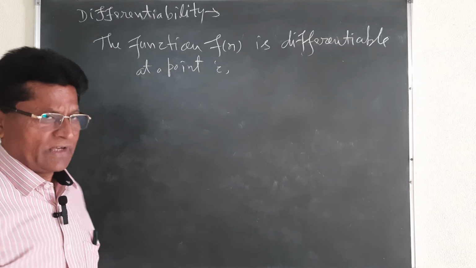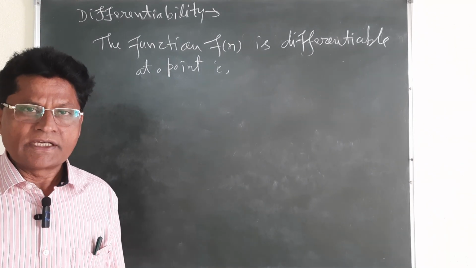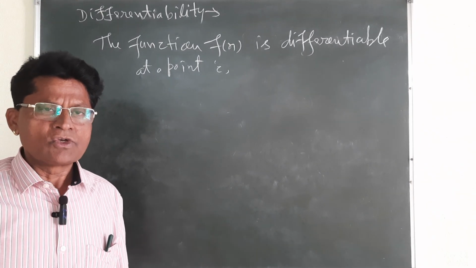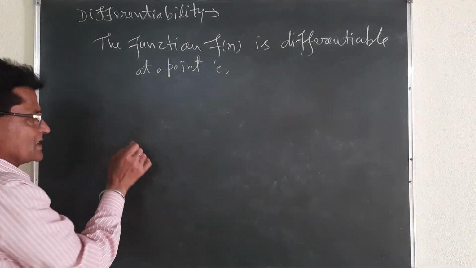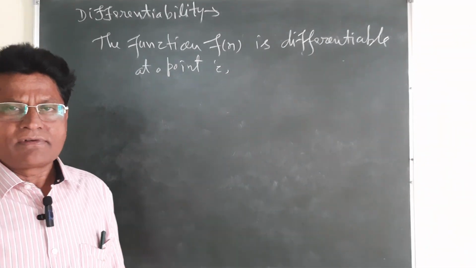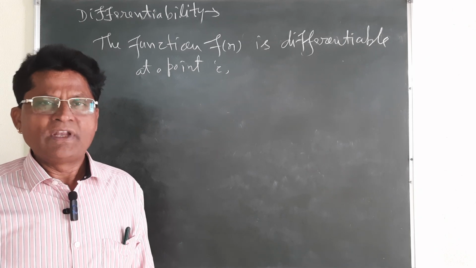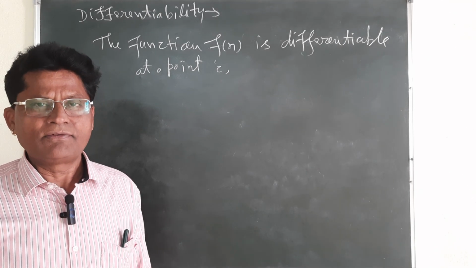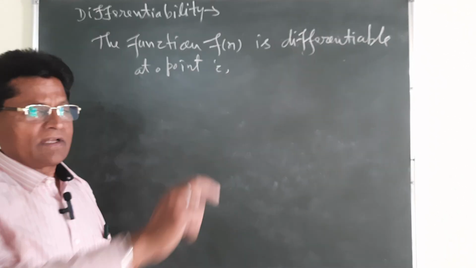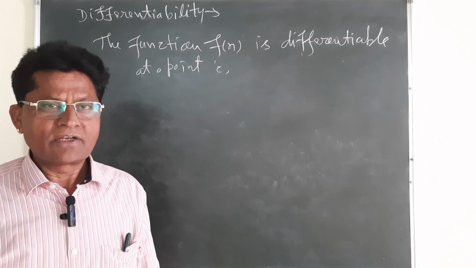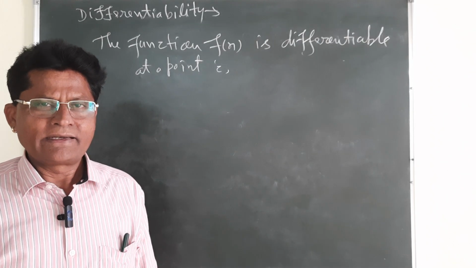Dear student, you must keep in mind only one formula, which I am going to give you here. If the left hand derivative is equal to the right hand derivative of the function f(x) at the point C, then the function will be differentiable.